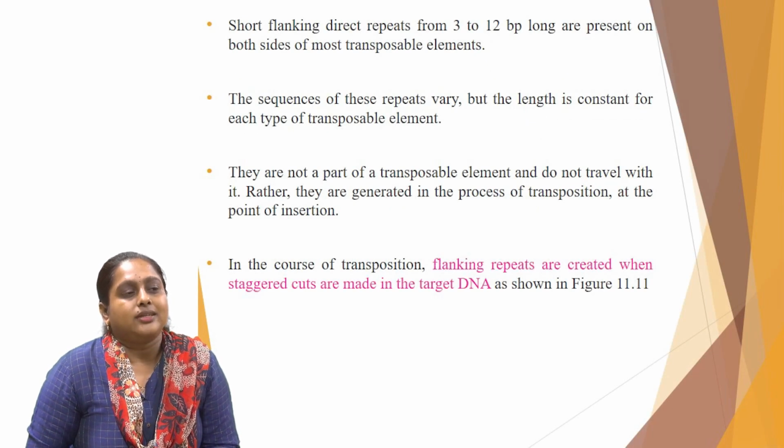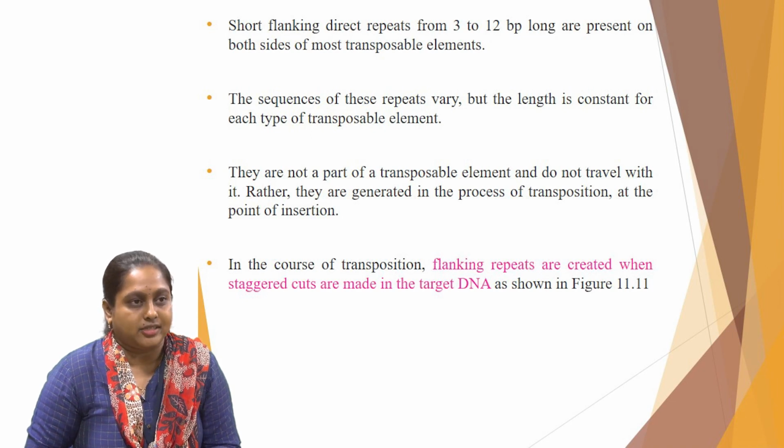For example, the short flanking direct repeats. It is a sequence of about 3 to 12 base pairs long which is present on both sides of most transposable elements. These sequences are repeats that are found flanking the transposable element within the genome.